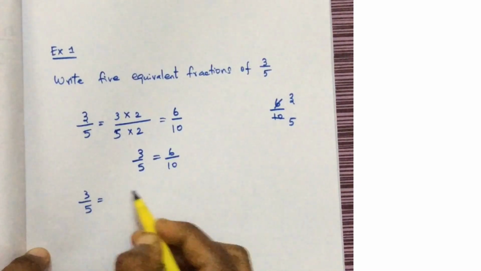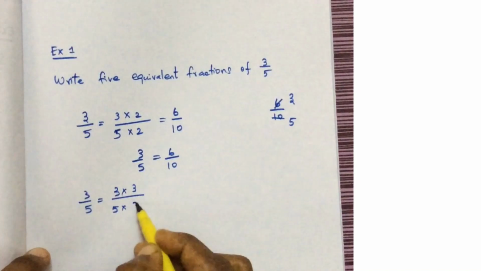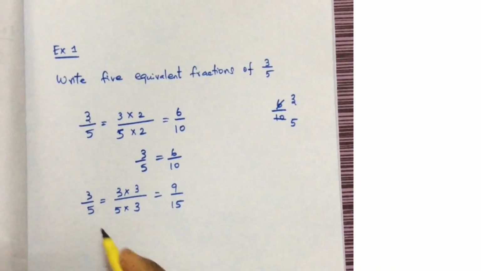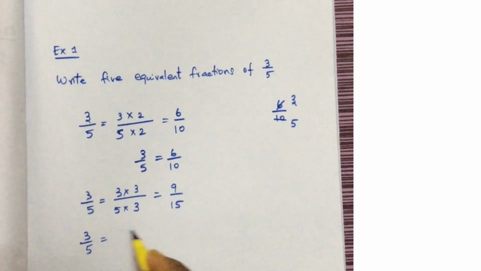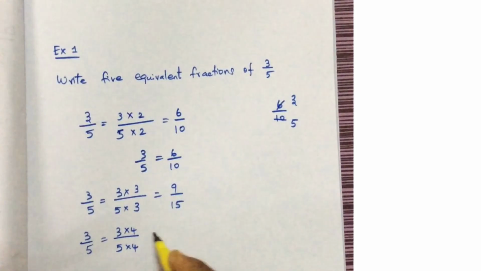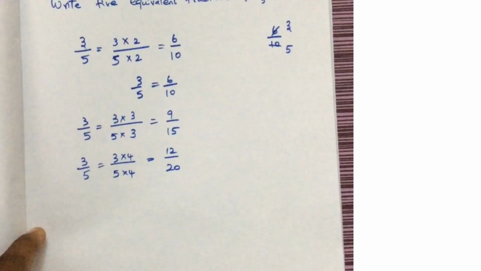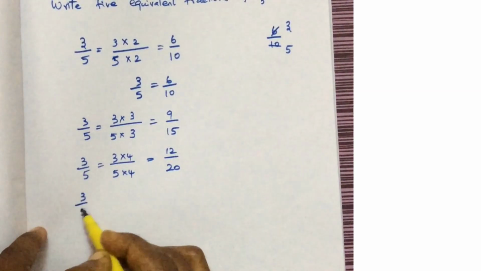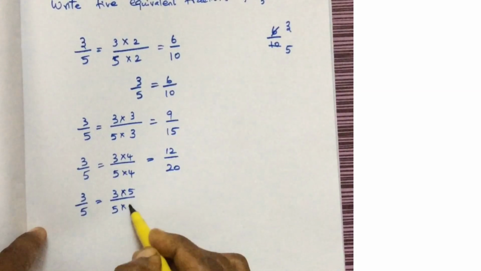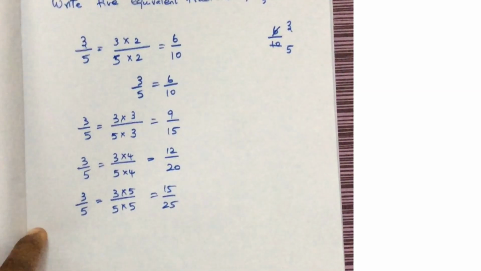3 by 5 equal to, multiplied by 3, that is 9 by 15. 3 by 5 equal to, multiplied by 4, 12 by 20. 3 by 5, I am multiplying 5 on numerator and denominator, that is 15 by 25.